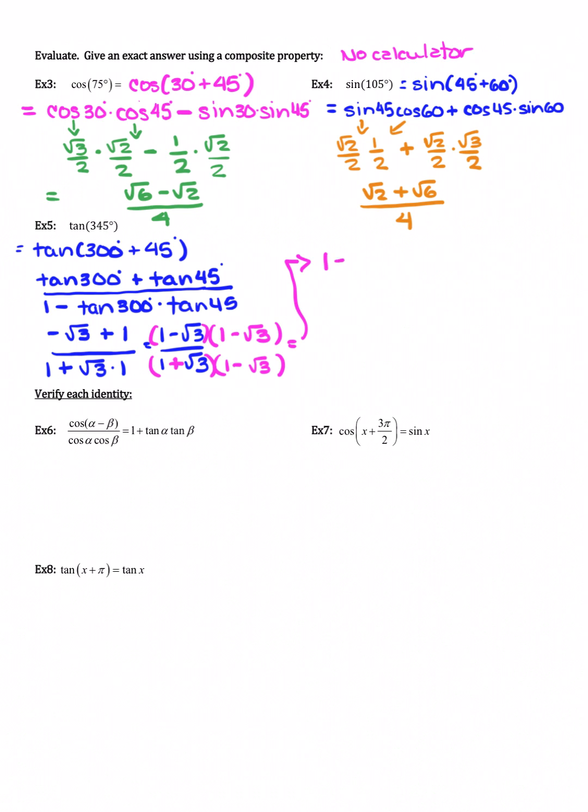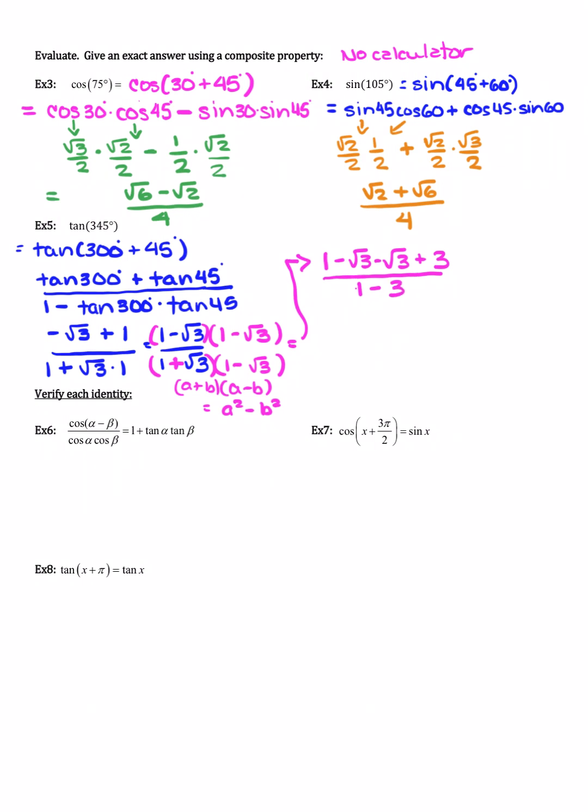So 1 minus rad 3 minus rad 3 plus 3. So that's foiling the numerator. The denominator, that's a difference of squares. That's a plus b times a minus b, which remember becomes a squared minus b squared. So 1 squared minus rad 3 squared is that.